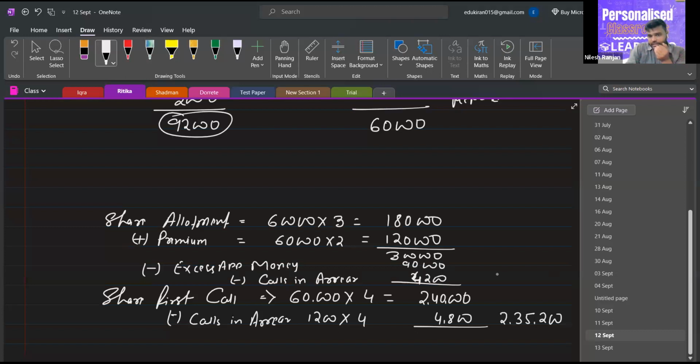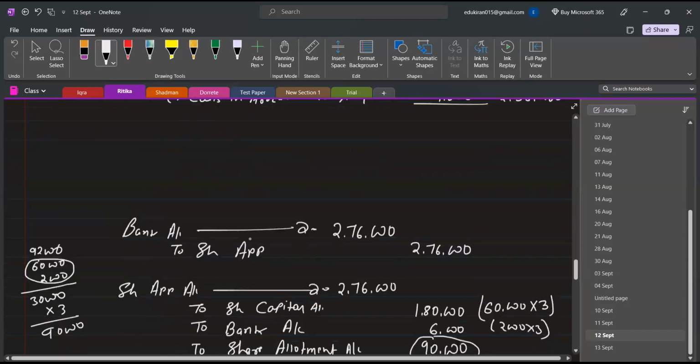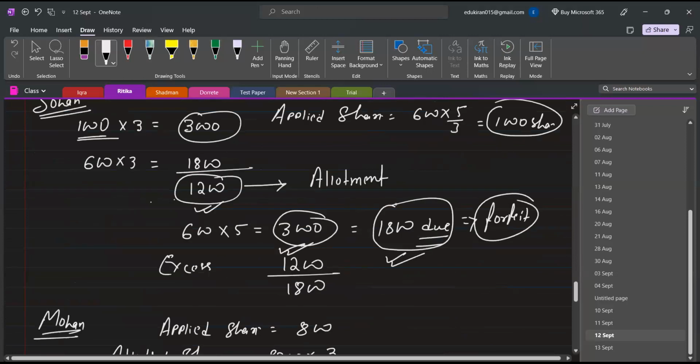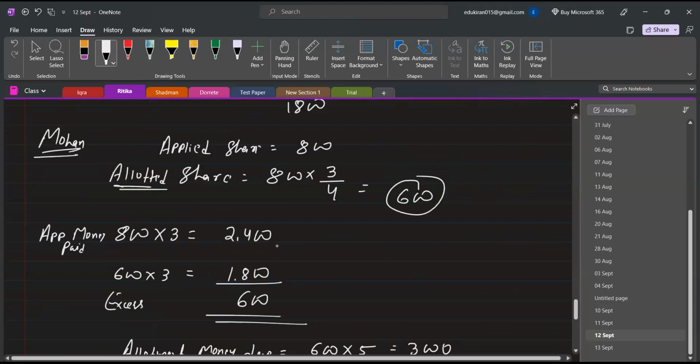So the balance we get is 2,05,800. Okay, sir. So in share first call, we will write 2,35,200. Now we will pass the journal entry for forfeiture.